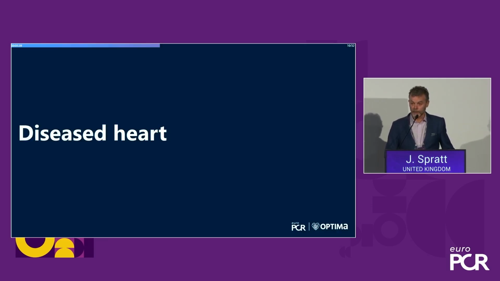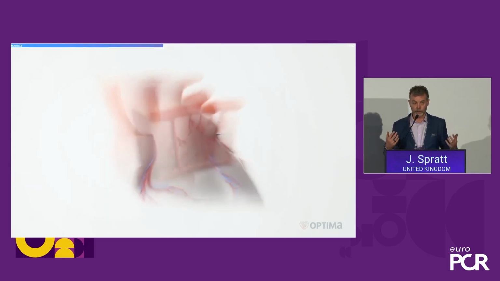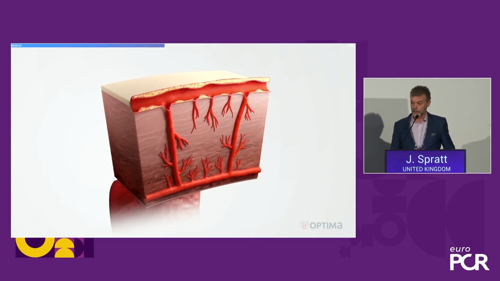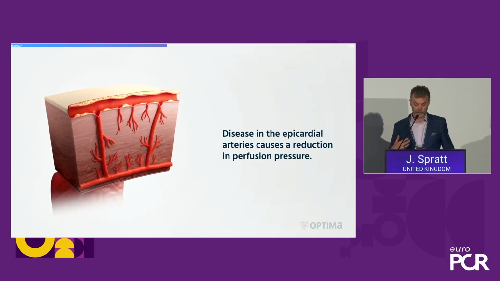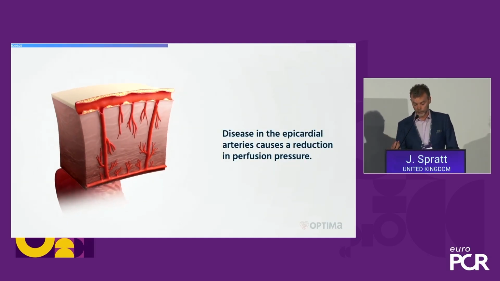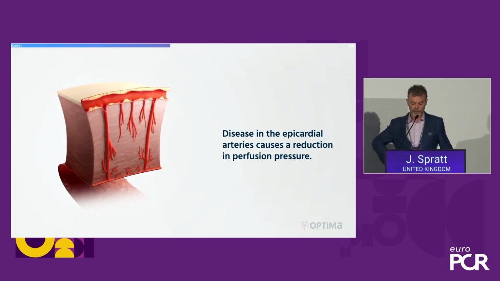But in a diseased heart, things change a lot. Obviously, we kind of know that obstructive coronary disease, and we're talking about this primarily today, is the primary reason we see patients in our clinic with angina. And this increased friction to flow causes, ultimately, once you auto-regulate it, a reduction in perfusion pressure.